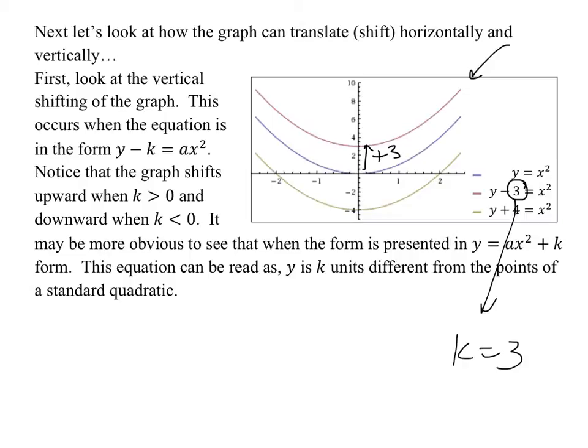Then at the bottom, in yellow, we have a plus 4. If there's a plus 4, it means that k is negative 4 in this case, so it goes down 4 units. So again, the k value indicates some sort of vertical shift.